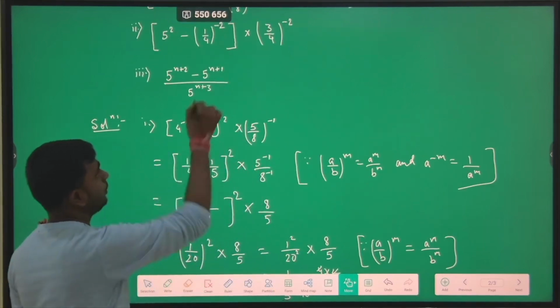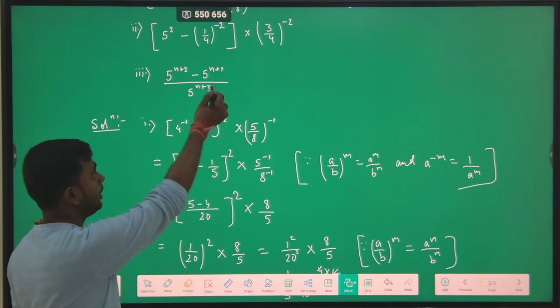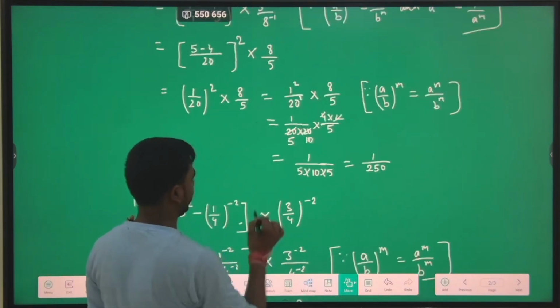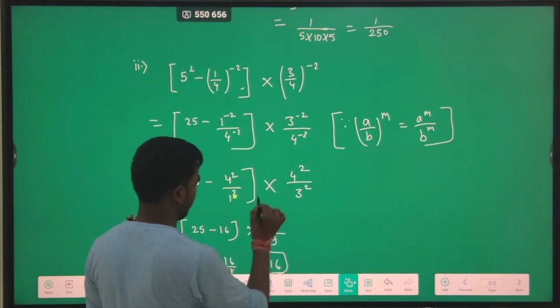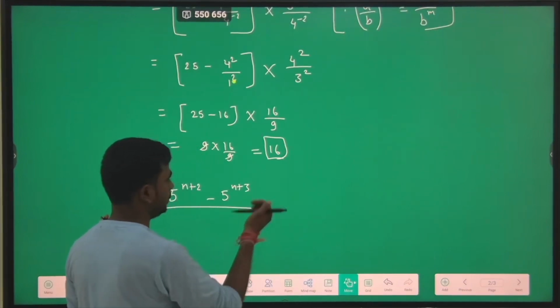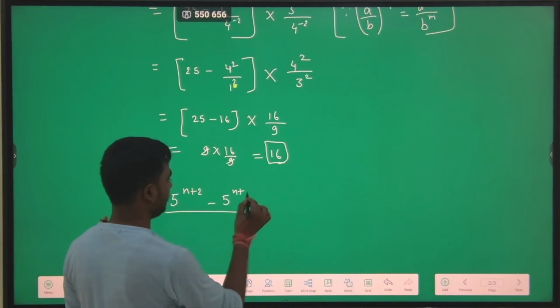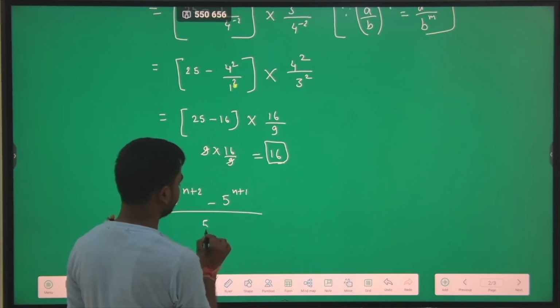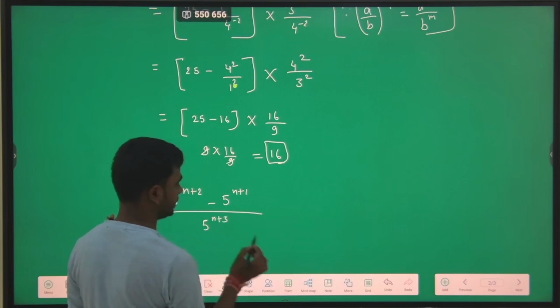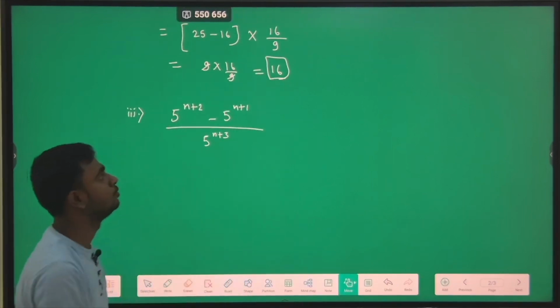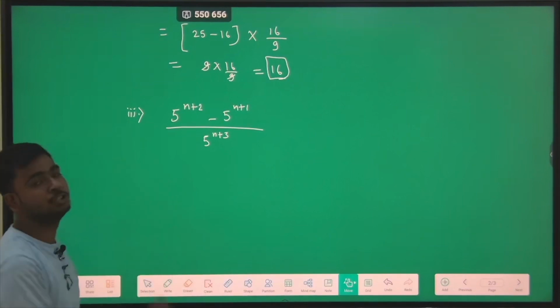Sorry, 5 to the power n plus 1 is in the upper part and 5 to the power n plus 3 is in the lower part. So here it is n plus 1 and here it is 5 to the power n plus 3. So we have to solve this question now.